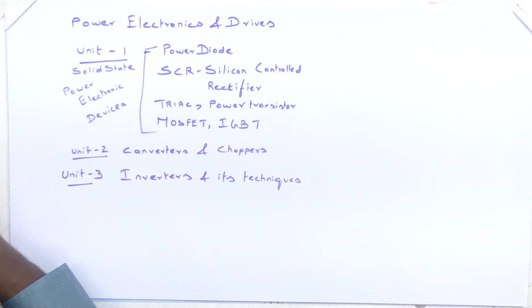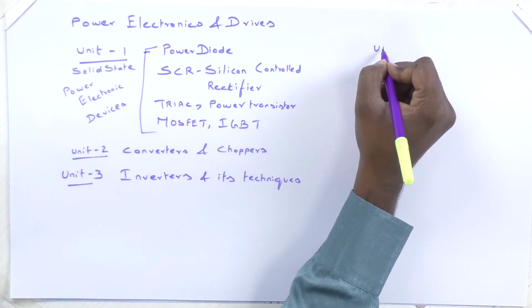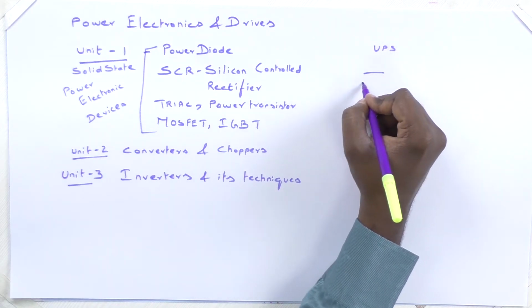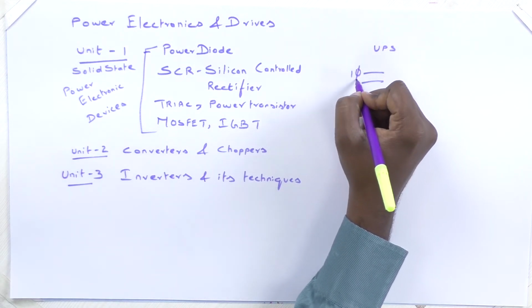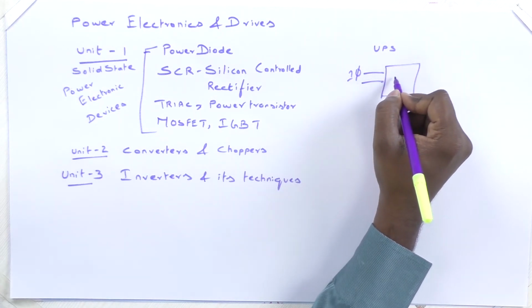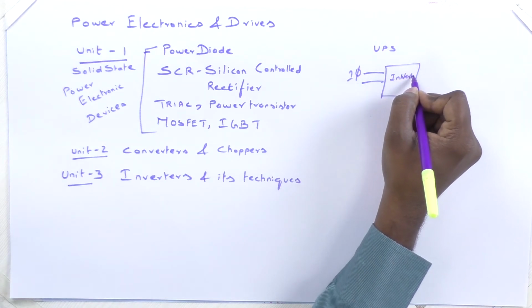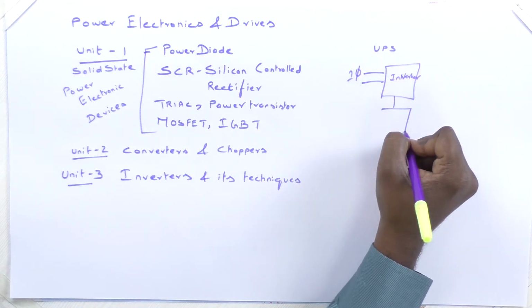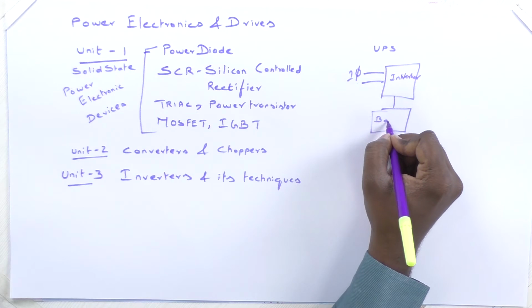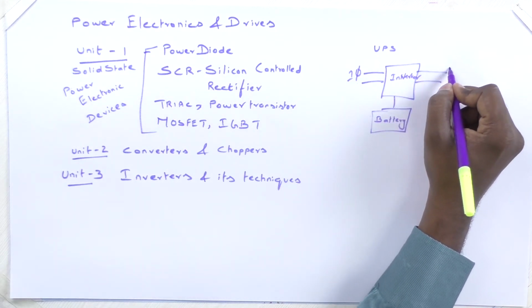So what does the UPS do? They have a battery. When the AC supply is on, for example, I'll just draw a UPS over here. So you'll have an input single phase supply. This means single phase, one phase. I'll put it in an inverter box. So this will be connected to a battery. And then I'll be giving it to my loads.